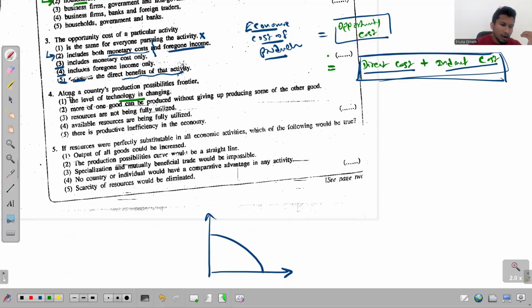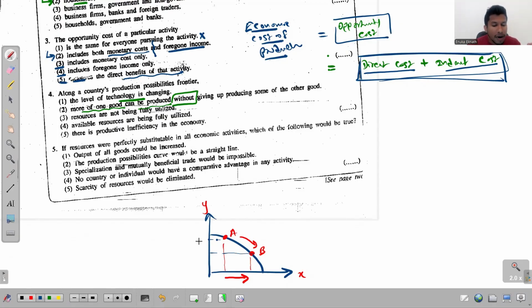The second one says, along a country's PPC, more of one good can be produced without giving up producing some other good. Imagine that this economy is producing at this point A. On this axis we have good X, and on the other axis we have good Y. Just imagine that you are moving from point A to point B. As a result, you can increase the production of good X. But on the other hand, what happens to the production of good Y?